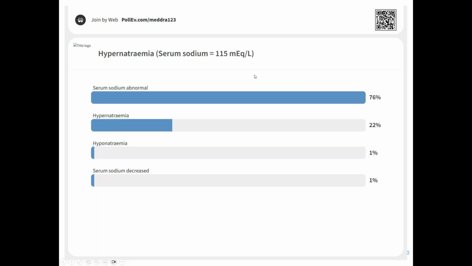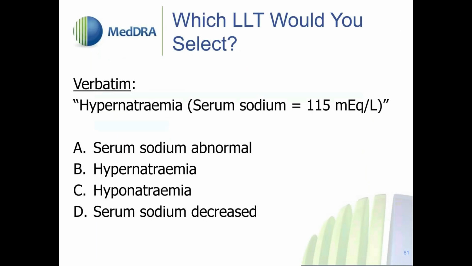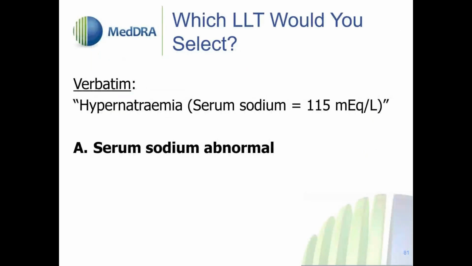I'm making an assumption here. I have to go by what the reporter said. The reporter is giving me two conflicting bits of information. I don't know which one of the two is the right one. All I can say is that something's going on with the serum sodium. So is serum sodium abnormal, unless I can query for more details. So in this example, yes, the serum sodium is abnormal.